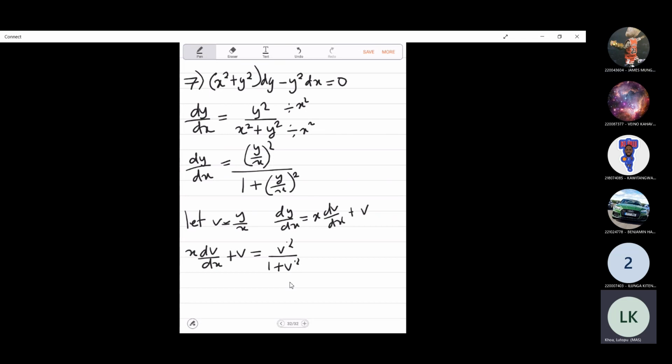Okay, then terms with v on one side. So I have x dv dx equal to v squared over 1 plus v squared, then minus v, so it's minus v times 1 plus v squared over 1 plus v squared. So this will give me v squared minus v to the power of 3 over 1 plus v squared.